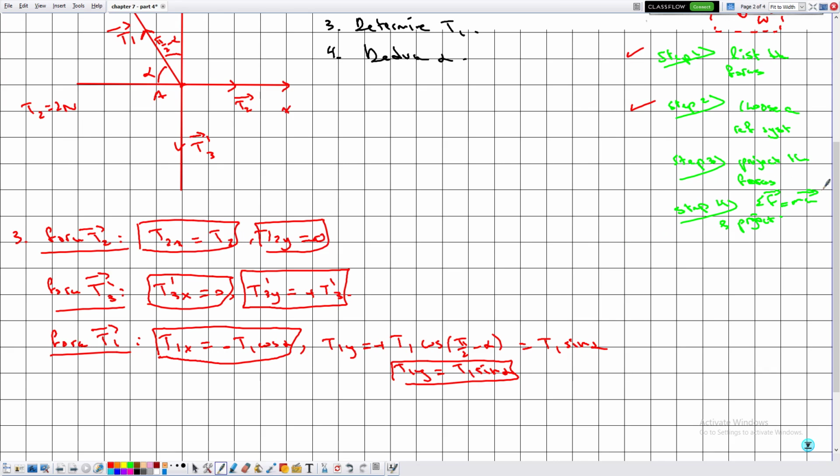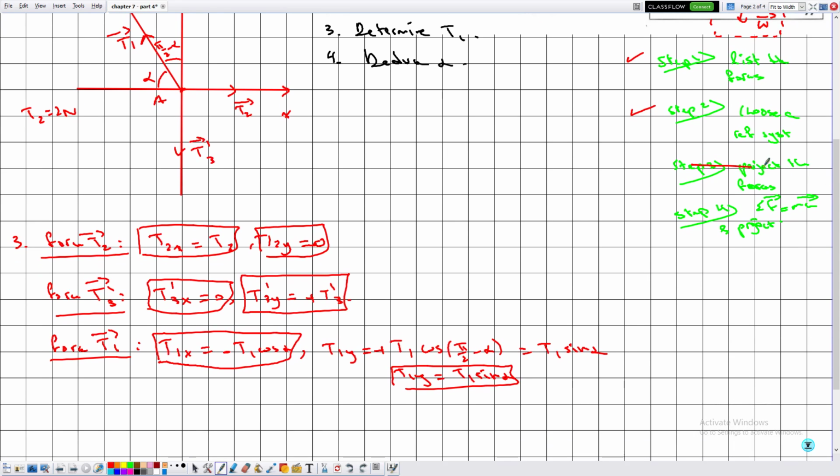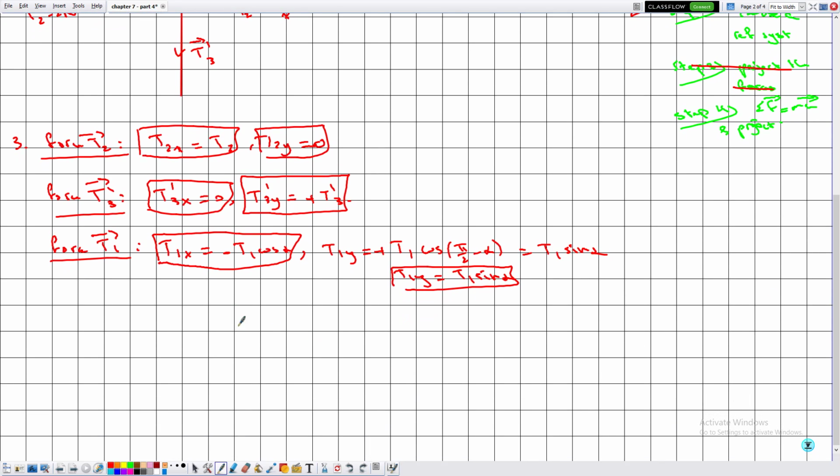Now we have done projecting the forces, we are ready to deal with sum of forces is equal to mA. So let's say at equilibrium, for point A, because the node A is considered as a point, the sum of forces is equal to 0 vector.